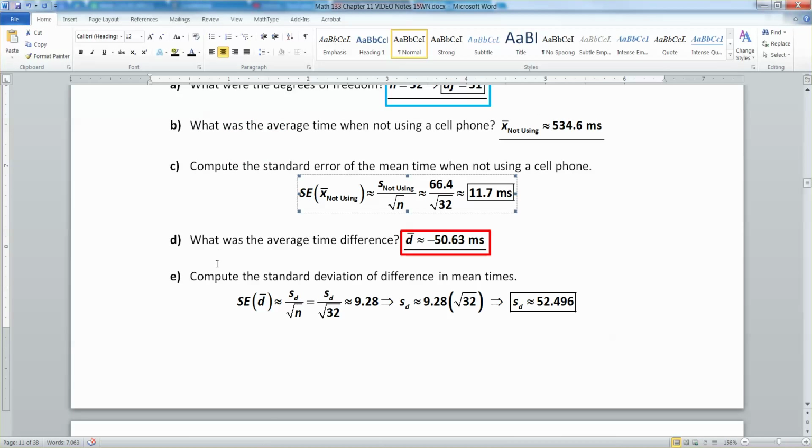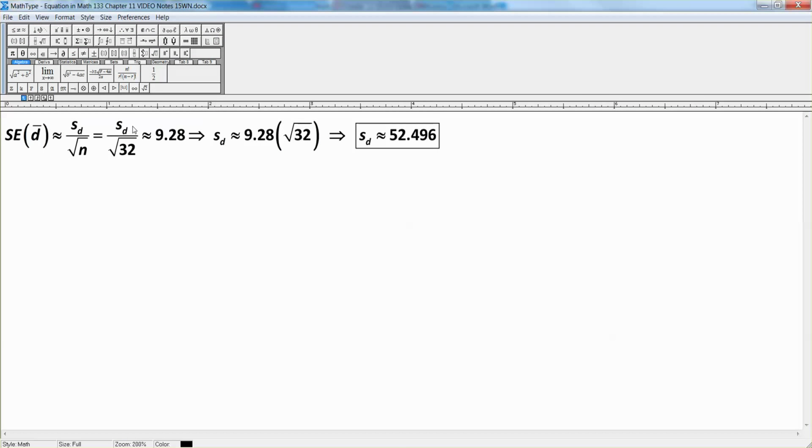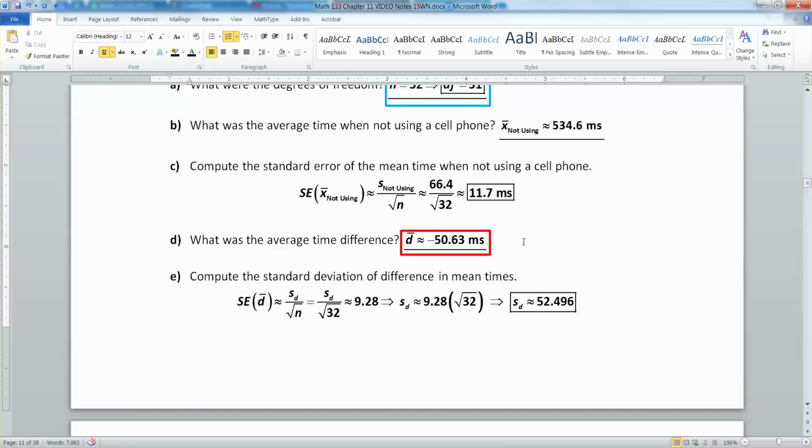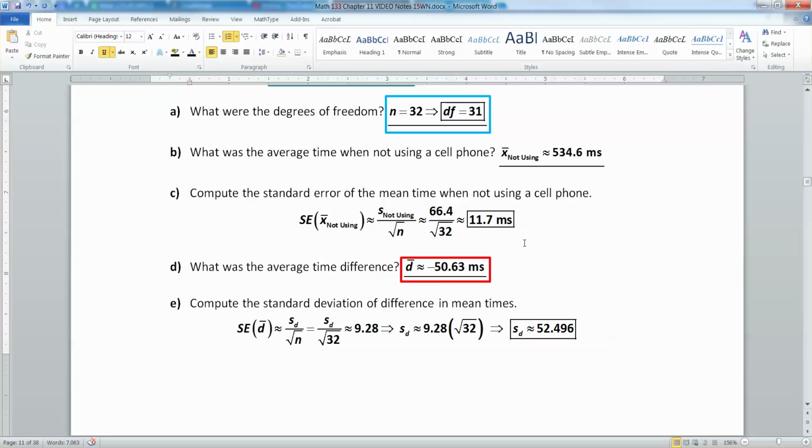And for this other one, the more difficult one, we knew the standard error was 9.28 and we knew n was 32, and we had to multiply both sides by the square root of 32 in order to find the standard deviation, which we were looking for. So I love those kinds of questions because they're one of the ways I can sneak chapter 8 into a test.